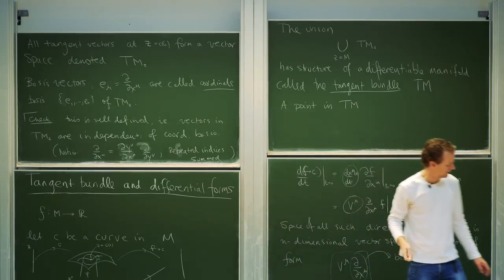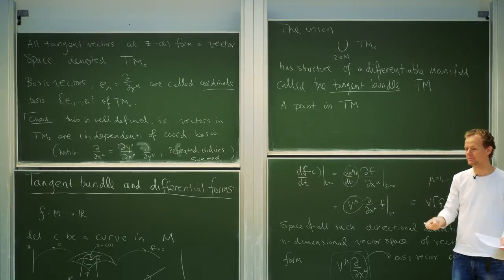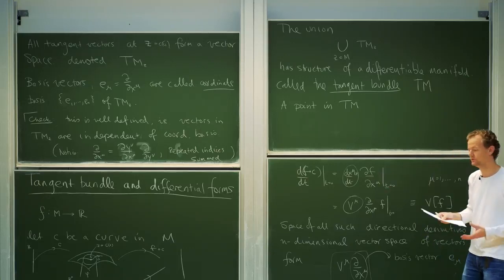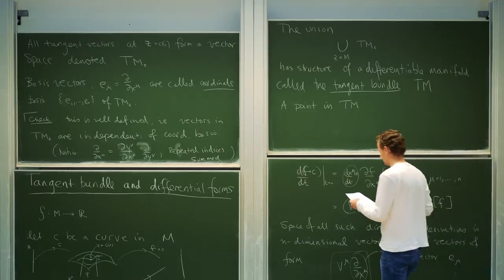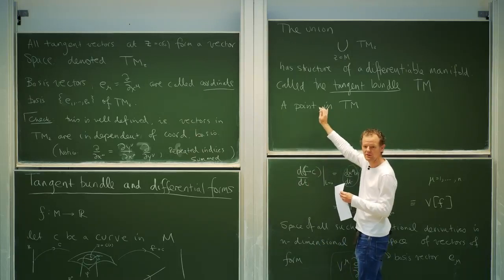Well, a point in TM is, to specify it, you need to know the point in the manifold and a corresponding vector tangent to that point in the manifold. So you need some coordinates to do that, say, but let's just say it first abstractly without coordinates.